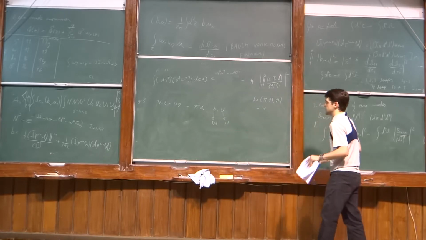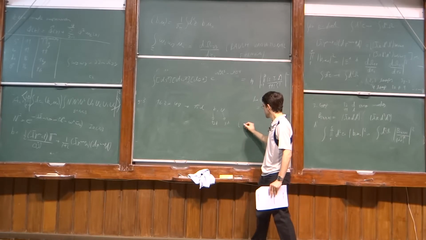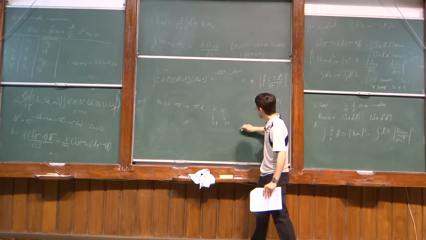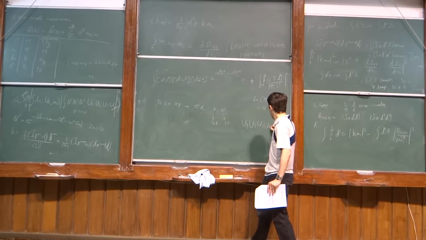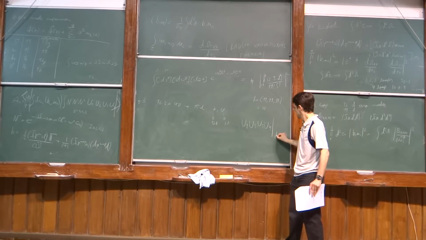I'm just going to do this schematically here. You need to do so that there are 4 vertices: U1, U2, U3, U4, and you need to take 3 D's.